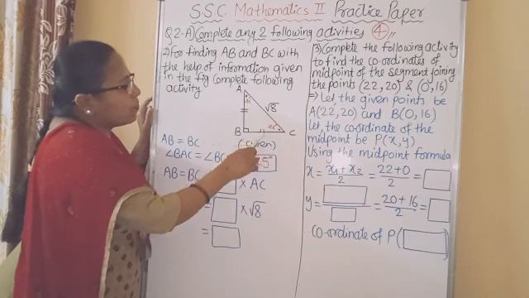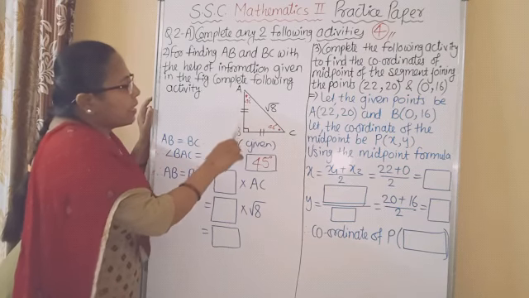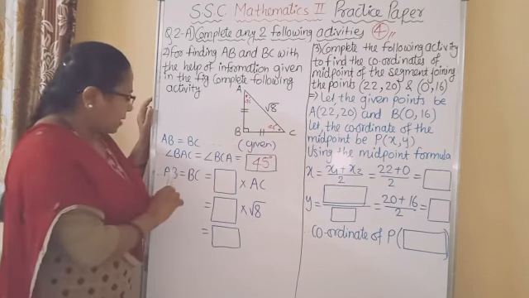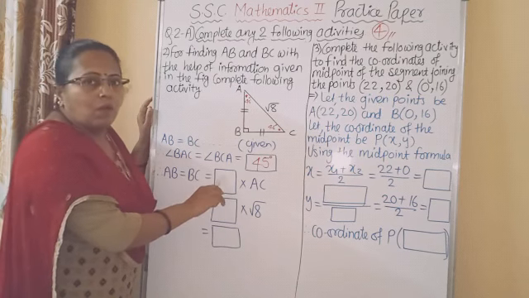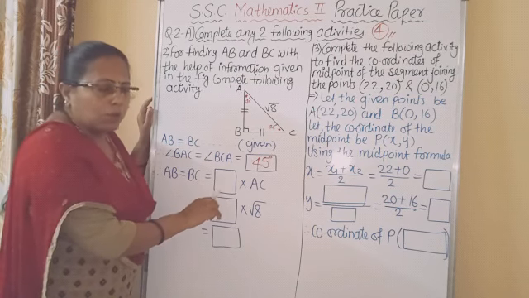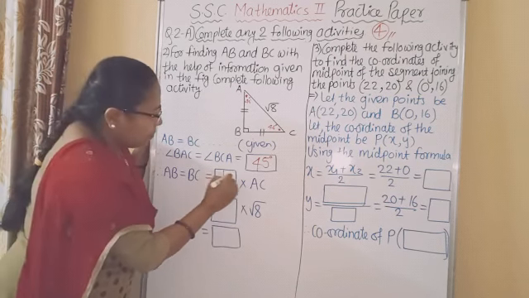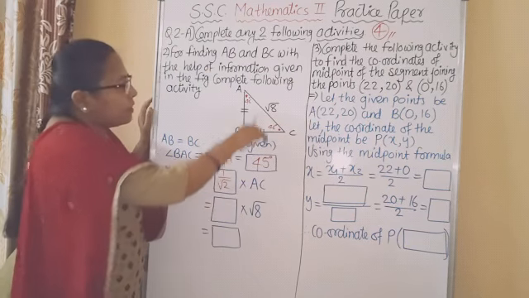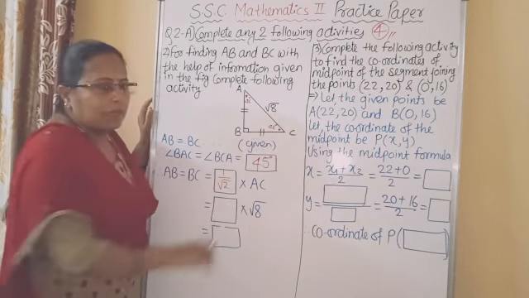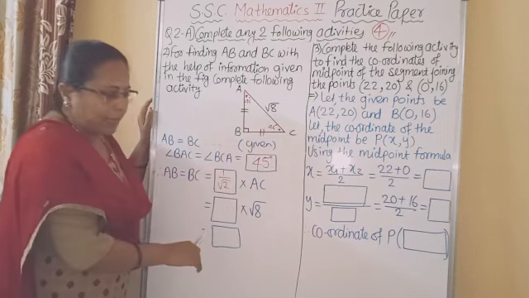So which sides are opposite to 45 degree? AB and BC. And therefore AB equal to BC equal to 1 upon root 2 into hypotenuse. Hypotenuse is AC, which is given as root 8.